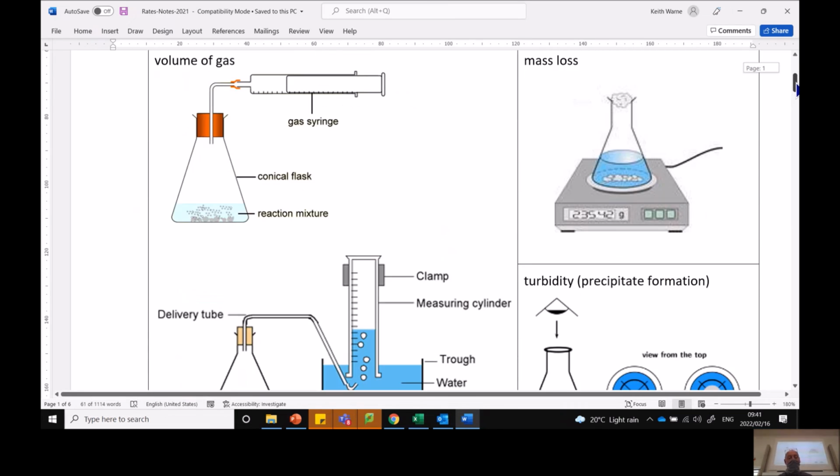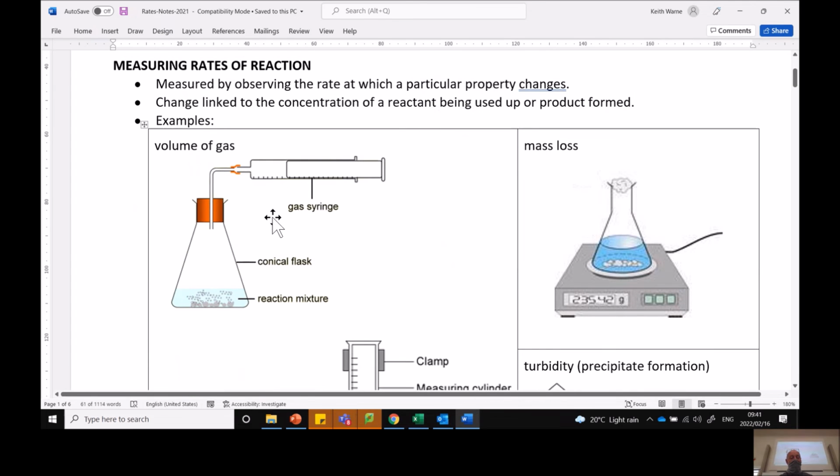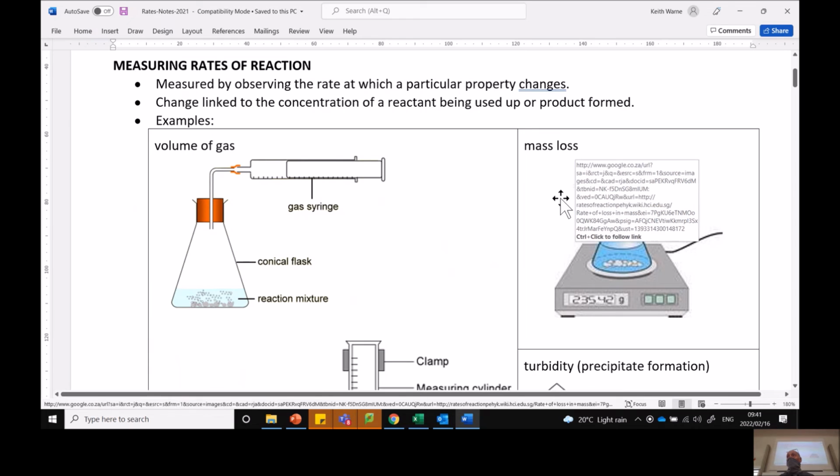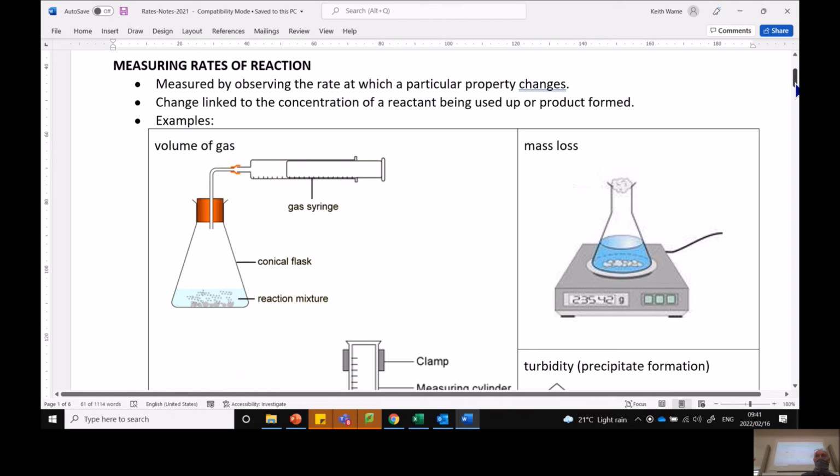So we discussed that. I showed you this business of measuring the gas coming off. You just need to know what different methods we can use. We could give you a reaction and ask you to suggest ways that you could work out the rate of this reaction, so you need to see if there's a mass loss or whatever.